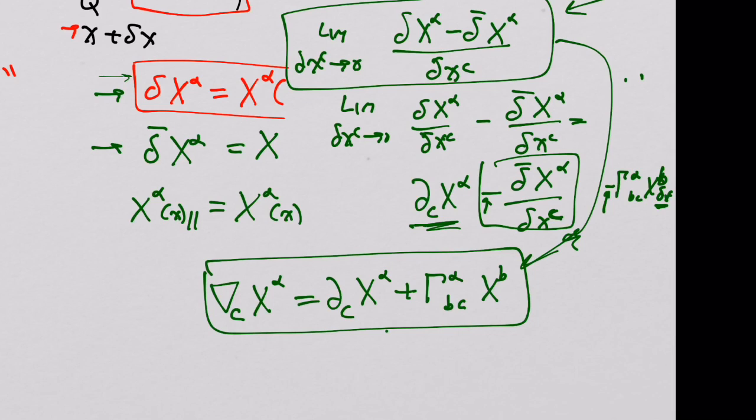So if I have a vector field, I write down the components, and I can say the covariant derivative of that vector field is going to be the partial derivative of the vector field with respect to the coordinates, plus this term here, which is the connection multiplied by the components of the field. And this will correct this thing to give you a derivative.